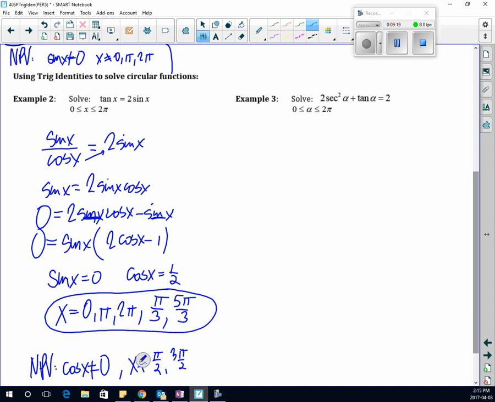Okay, so does everybody see the Pythagorean identity on your formula sheet? That secant squared theta is equal to tan squared theta plus 1. So I can replace secant squared alpha here.